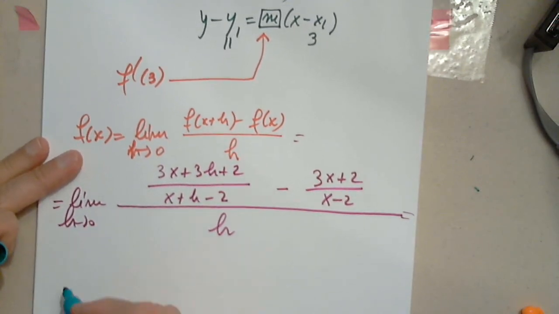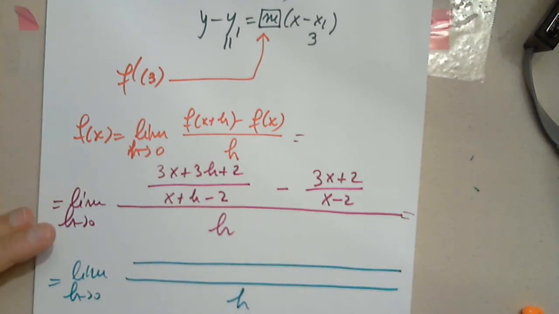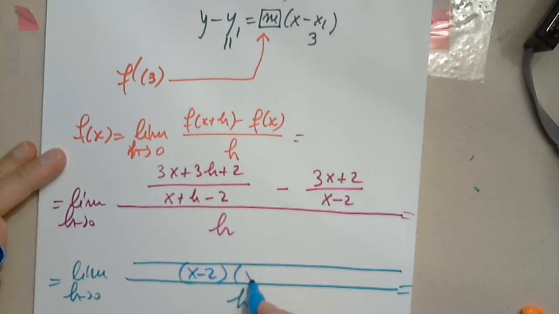We need to find the least common denominator. And what is the least common denominator? x minus 2 and x plus h minus 2. Yes, it must be the product of those two. Excellent, thank you. So this is (x minus 2)(x plus h minus 2).